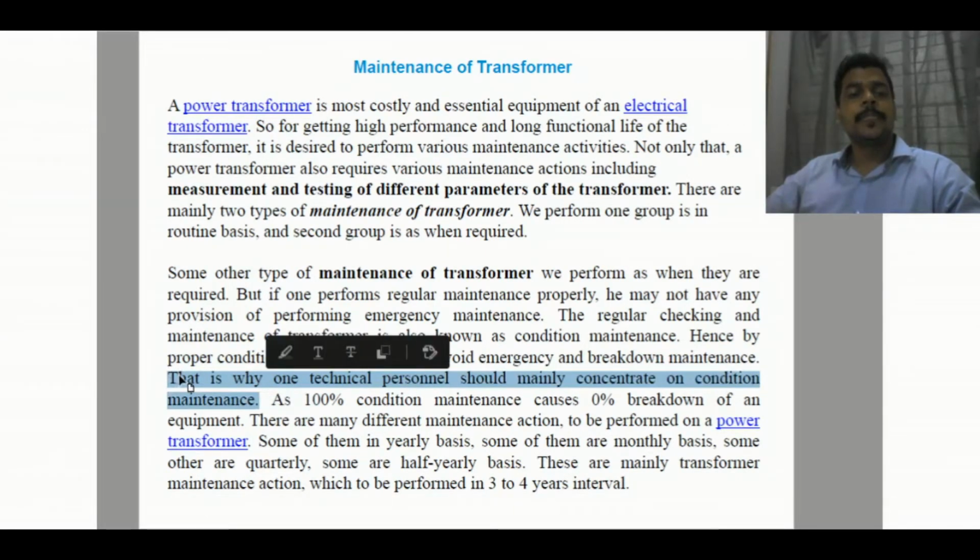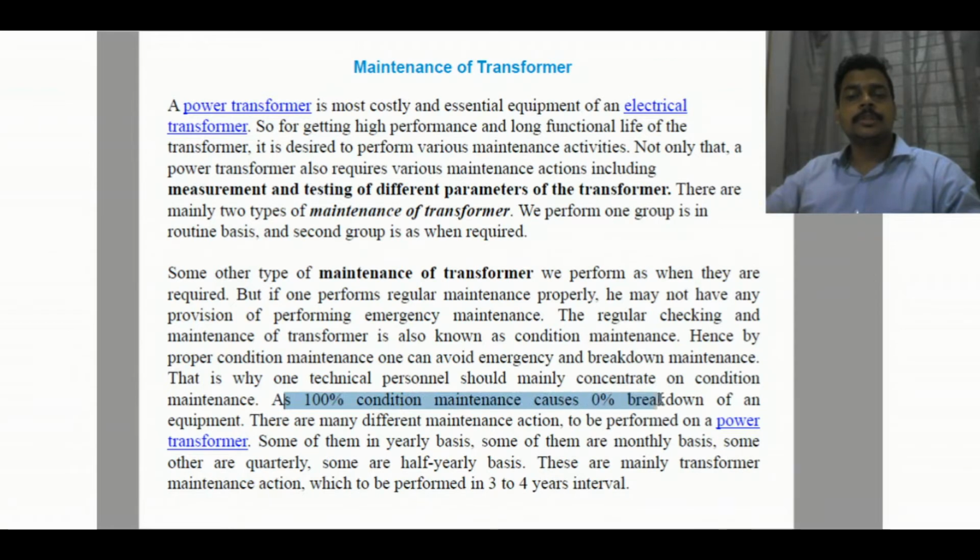As 100% condition maintenance causes 0% breakdown of an equipment, this is true in all cases. If you are performing 100% condition maintenance, there is almost 0% chance that the equipment can go under breakdown or failure.